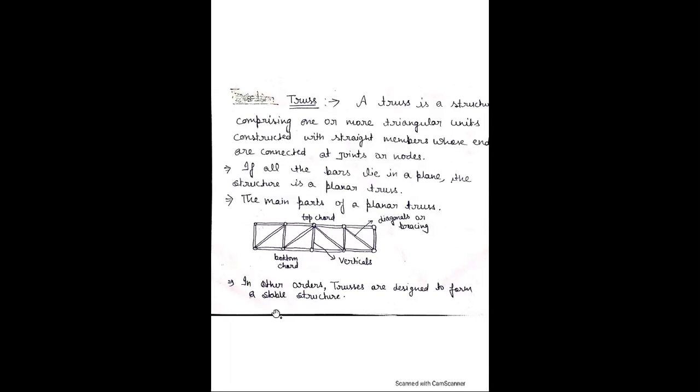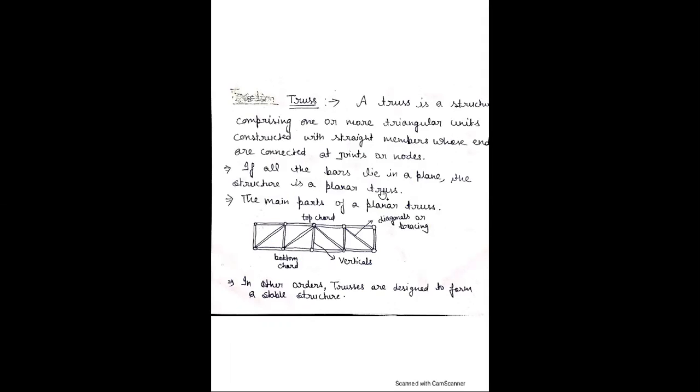Most structures are made of several trusses joined together to form a space framework. Each truss carries those loads which act in its plane and may be treated as a two-dimensional structure. A truss is used in building towers and roof structures.